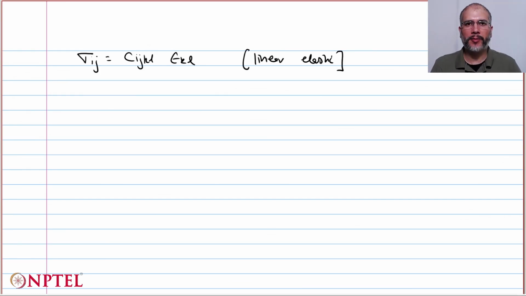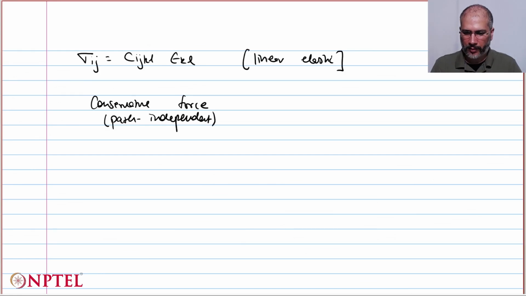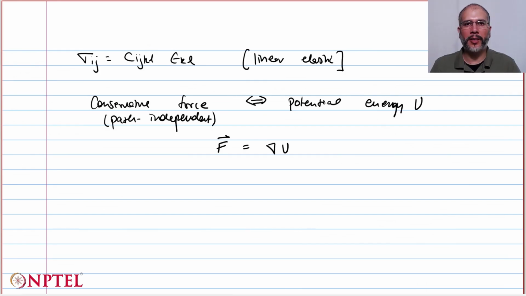Now let's recall the idea from mechanics that for a conservative force or a conservative force field that is path independent, we can define a potential energy function. And that's a very interesting idea because that allows us to write the force field, which is basically 3 scalar fields in 3D, as the gradient of a single scalar function u.